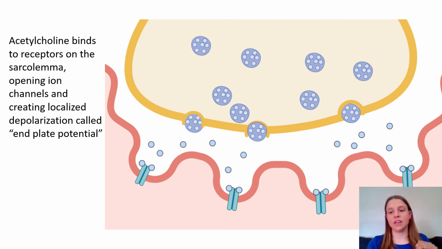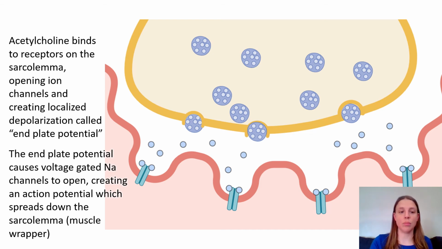The end plate potential then opens more voltage-gated sodium channels, which then spreads down the sarcolemma, just like the action potential spread down the neuron.